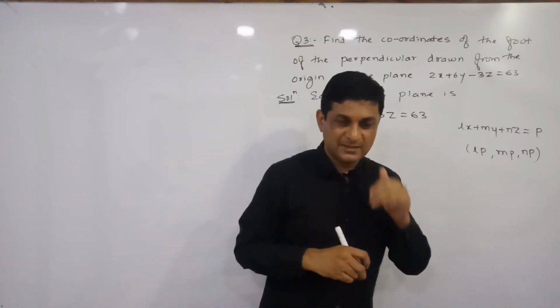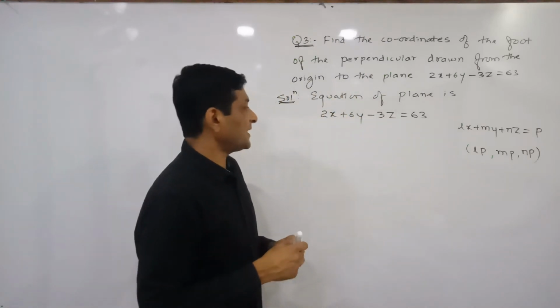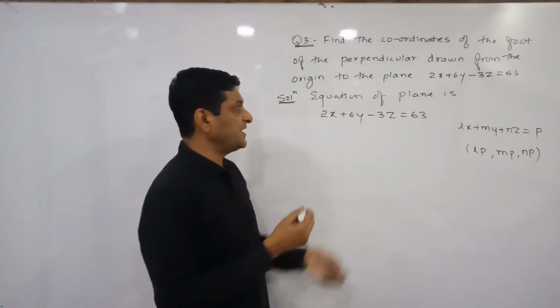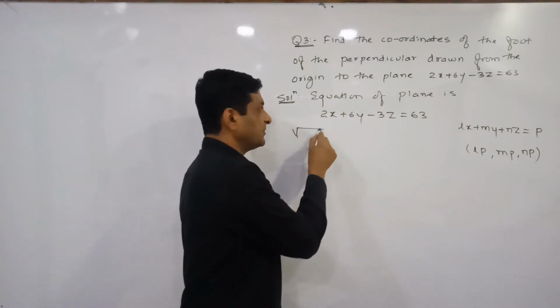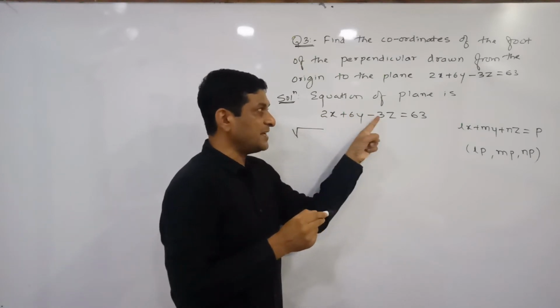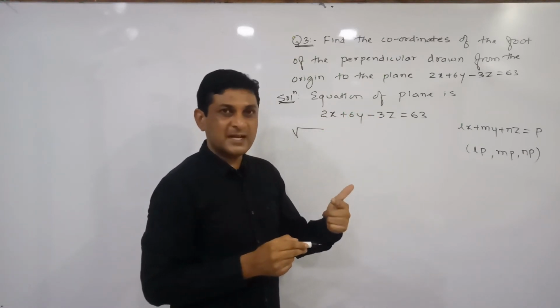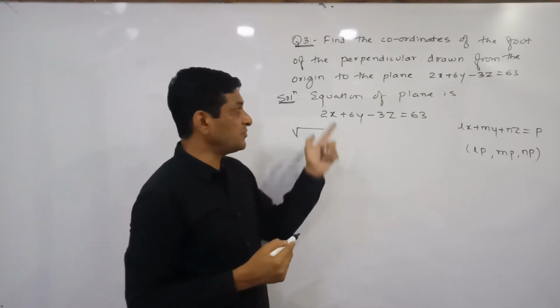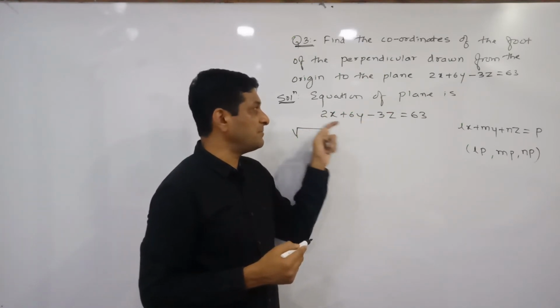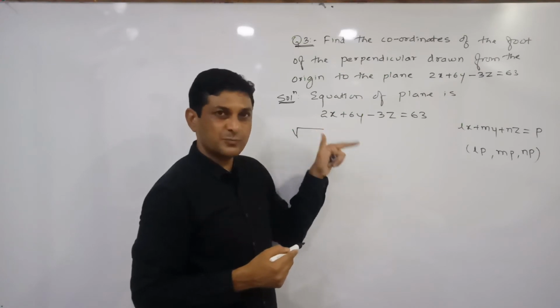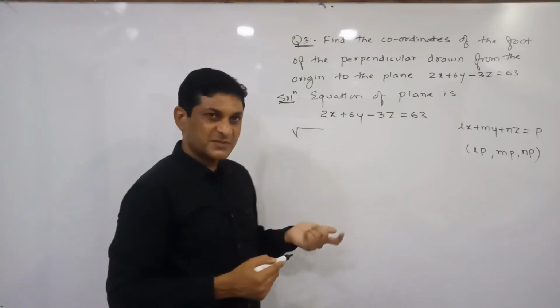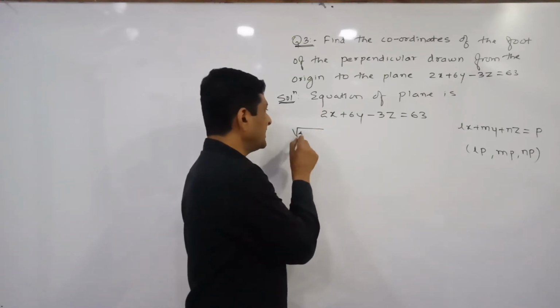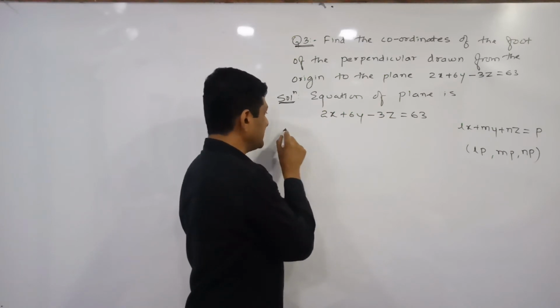At that time we can say that the coefficients of x, y, z are direction cosines. Now, these are direction ratios, the coefficients of x, y, z. To convert them into direction cosines, we have to divide a, b, c by under root a square plus b square plus c square. So first find the value of under root a square plus b square plus c square.